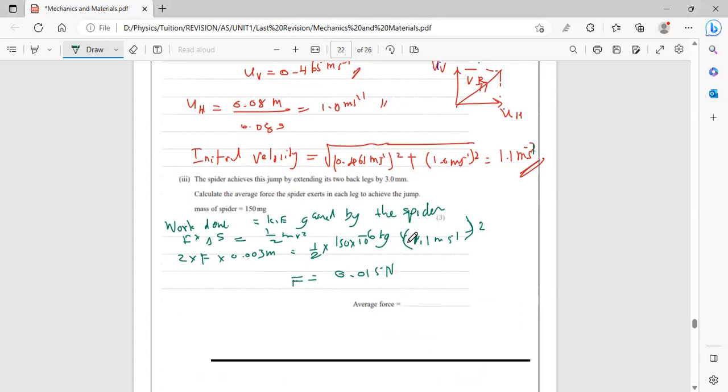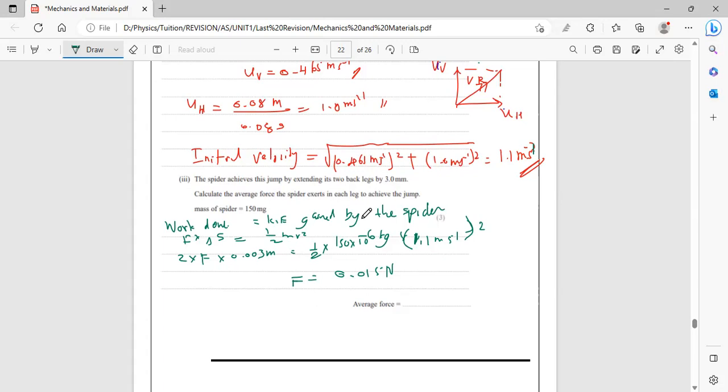The spider achieves this jump by extending its two back legs by 3 millimeters. Calculate the average force the spider exerts in each leg to achieve the jump. Here, the work done by the spider is converted to its kinetic energy so that it can jump.